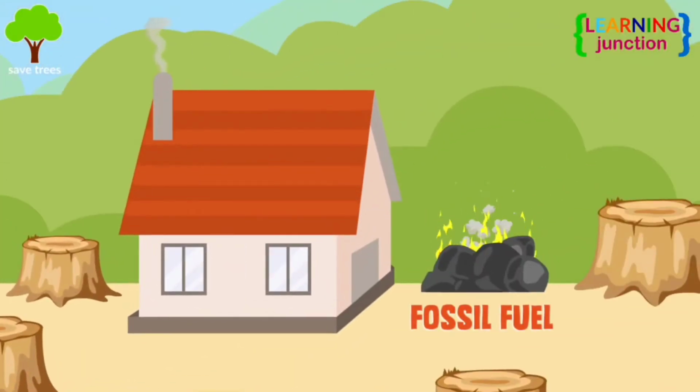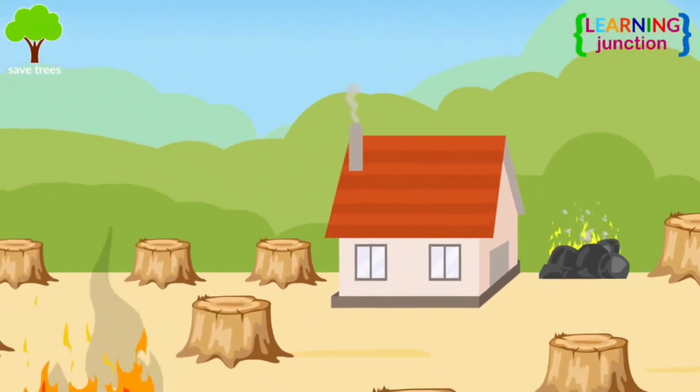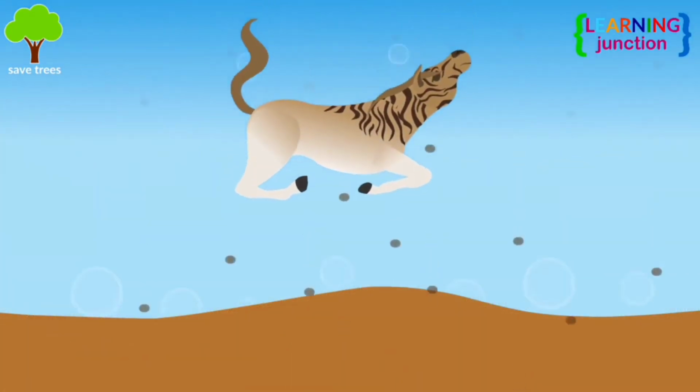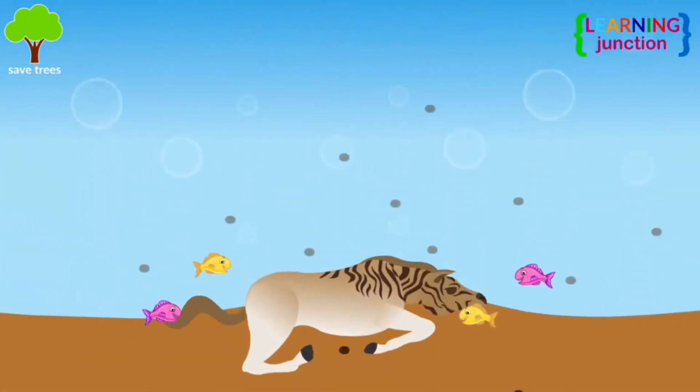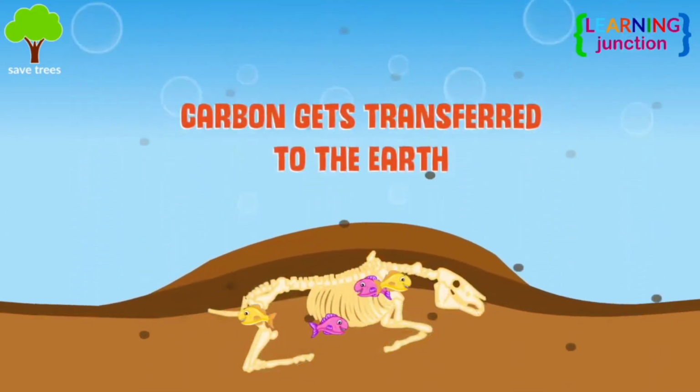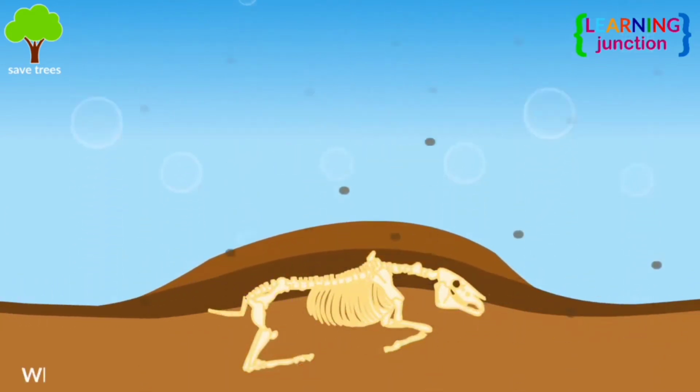Carbon is released into the atmosphere by burning of fossil fuels and also emissions. Organic carbon from dead and decaying organisms and waste products is released into the atmosphere after decomposition.